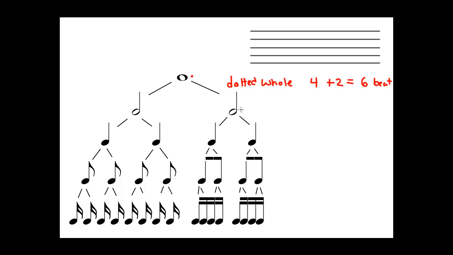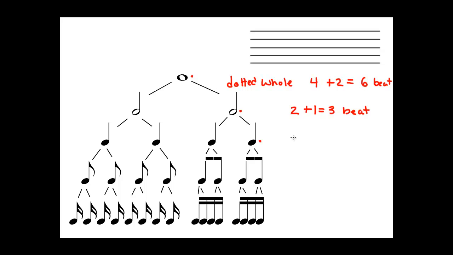Okay? So that would be now a dotted whole. You can put a dot beside any note. So if we have a dotted half, it means we will be taking 2 beats plus half of that, which is 1, which will equal 3. So a dotted half note would be worth 3 beats.